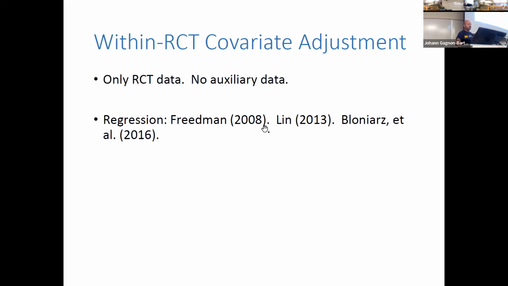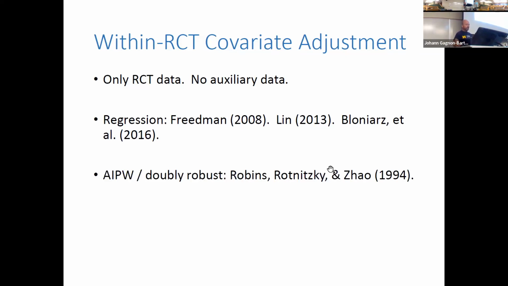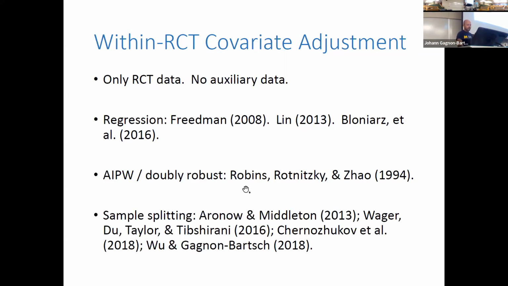There's a paper by Freedman that looks at what happens when you do this using OLS, along with some follow-up. But there are other approaches as well, such as the doubly robust estimator, and more recently, various estimators that use some form of sample splitting.